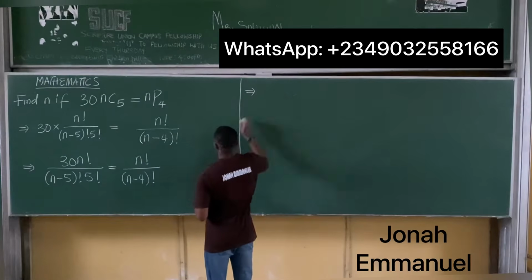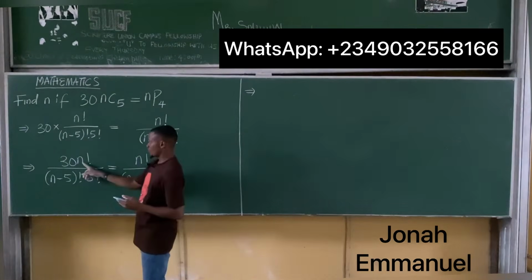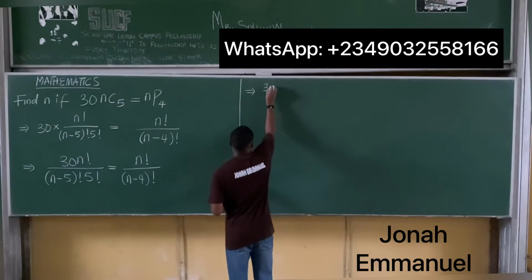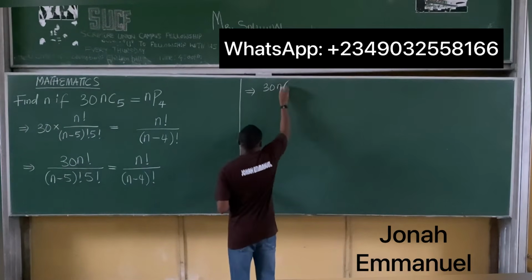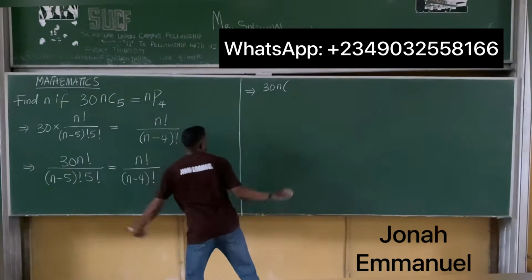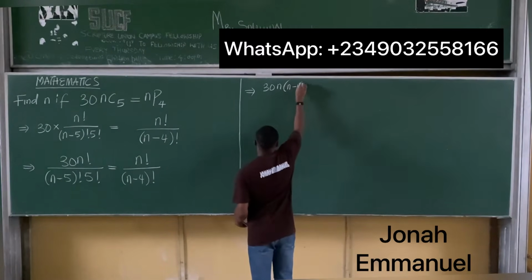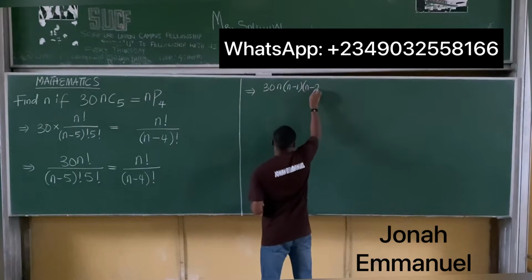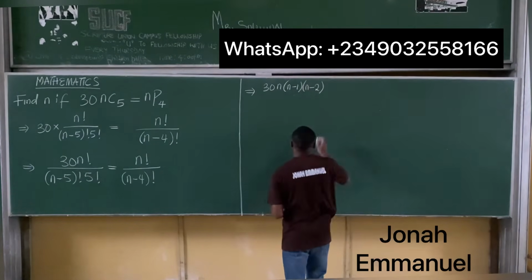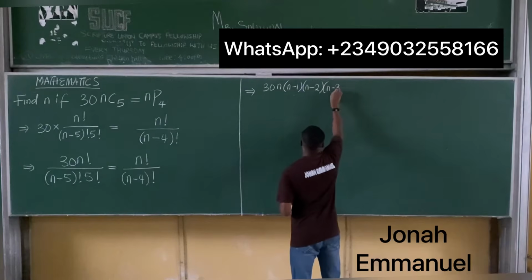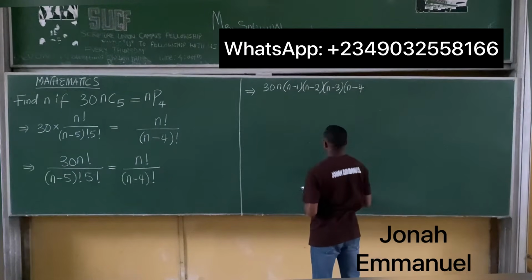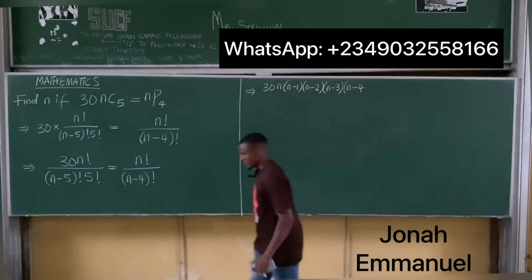Now this is equal to, I'll keep reducing this one here until I get to n minus 5. So that becomes 30, I have n. Reduce this by 1, it becomes n minus 1. Reduce by 1 again becomes n minus 2. Reduce by 1 again becomes n minus 3. Then again, n minus 4. Of course, you're stopping at 5.